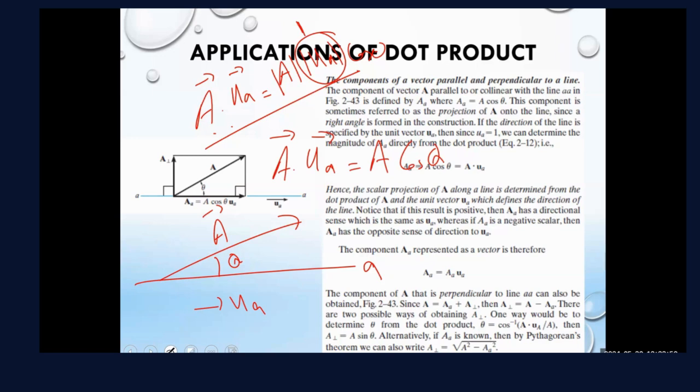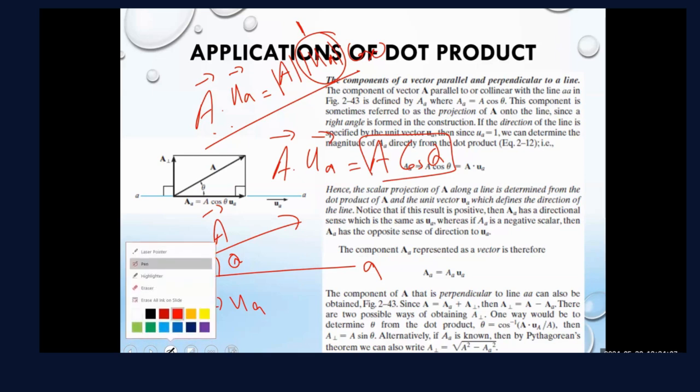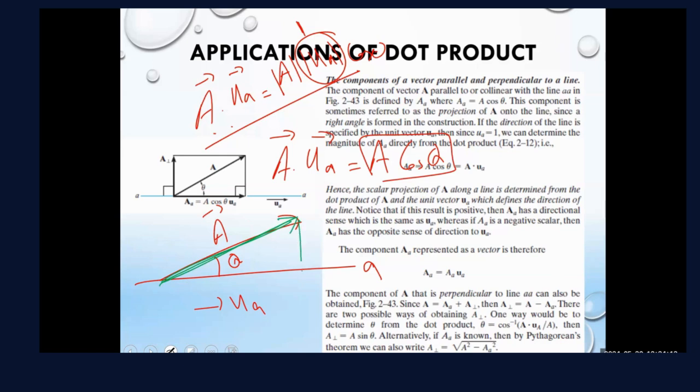Now, A cos theta, if you see, what is this A cos theta? Now I'm talking about a very important thing, students: what this A cos theta represents. What about if you solve it like a triangle? Think that this A vector is like this, right? You take the projection like this one, and you take this vector, like you're talking about components.